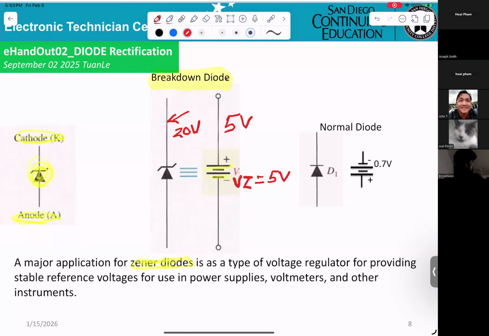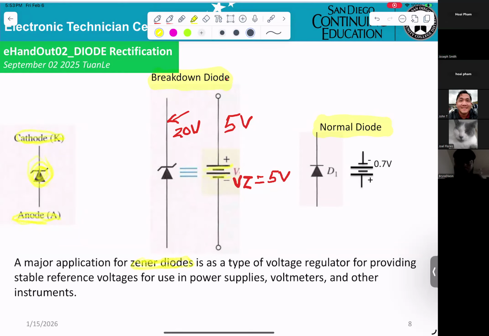Now, the zener diode working normal. Then they work like a normal diode.